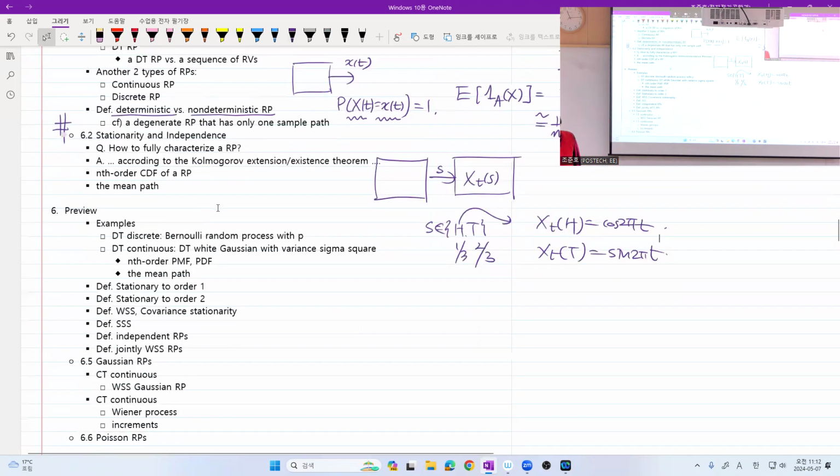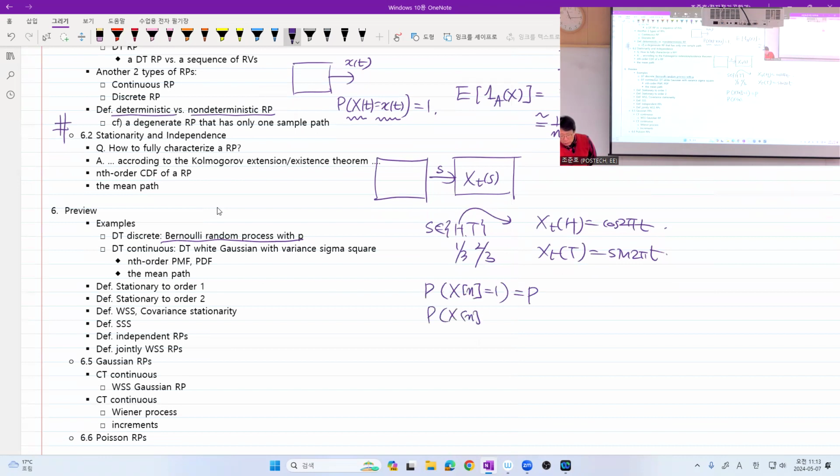For example, as we've seen last time, that is actually a Bernoulli random process with probability P. We have a discrete random process that takes either value 1 or 0. And also the X_n's are IID.